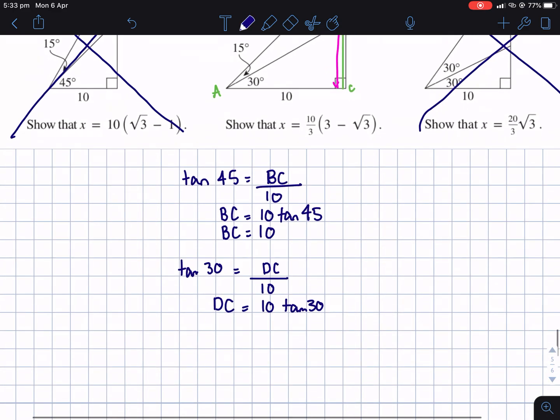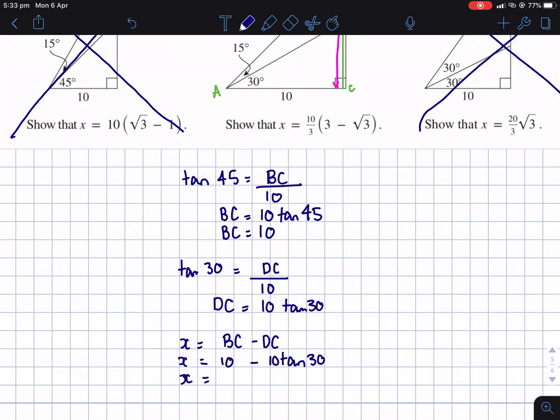Which means X is the longer length, BC, minus the shorter length, DC. So it's 10 minus 10 tan 30, which gives us 4 point... Oh, now, I made a mistake, because I should have realised as soon as this answer started having surds in it that I was going to want surds in my answer.